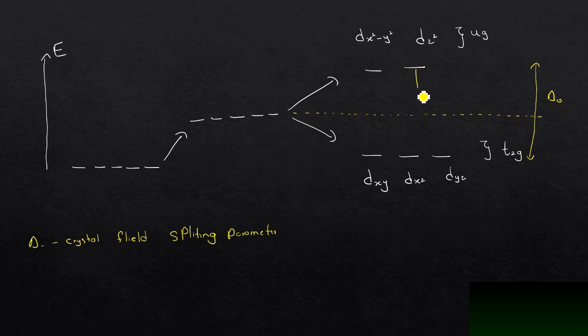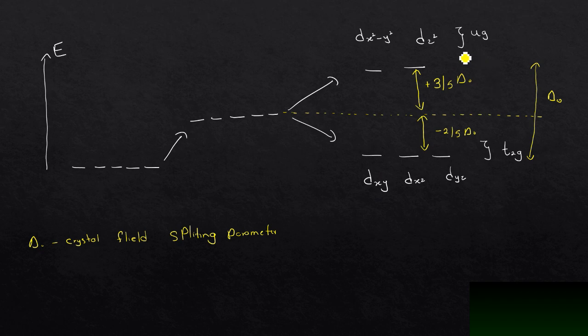And this gap, from our baseline to the eg orbitals, is valued at 3 over 5 delta O. This is a plus value. And this bottom gap is minus 2 over 5 delta O.